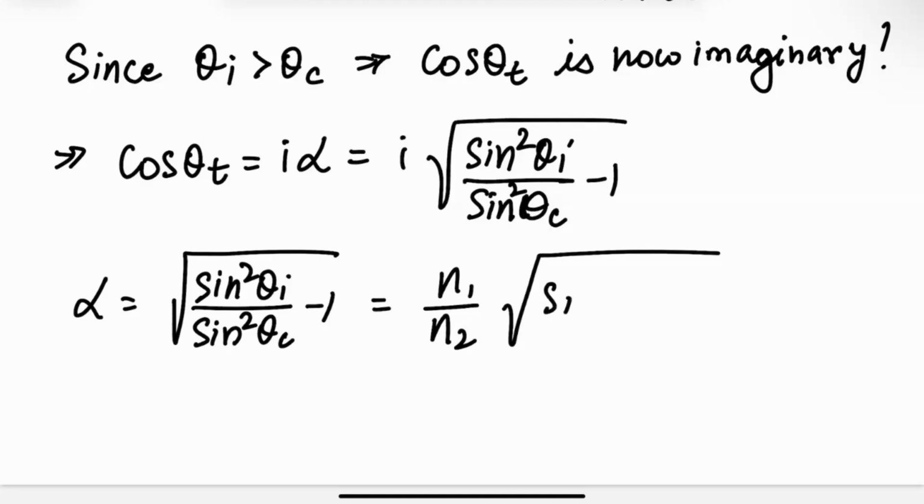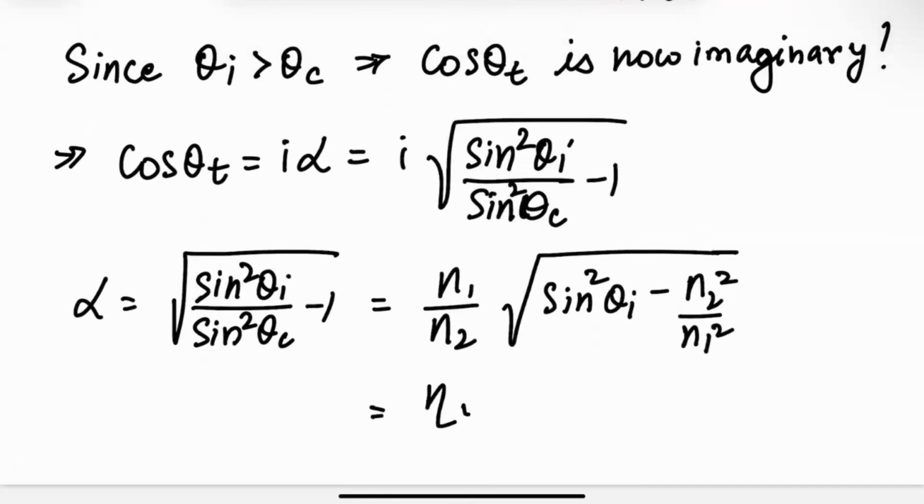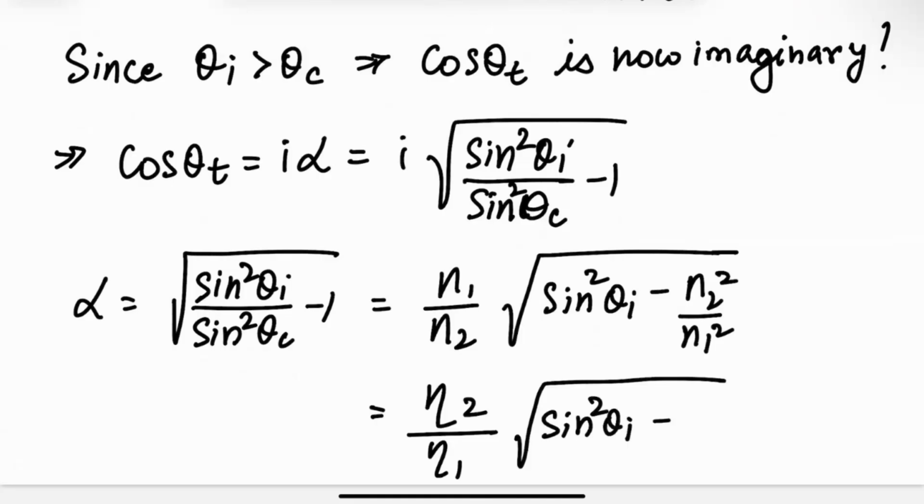That becomes the square root of n1 over n2 times sine square theta i minus, I should also write another sine square theta c here because I pulled it out from the denominator, but instead I can write n2 square over n1 square. Again, I can convert this to etas, which will be more useful to us. Since n1 over n2 is eta 2 over eta 1, this is what I get: eta 1 square over eta 2 square.